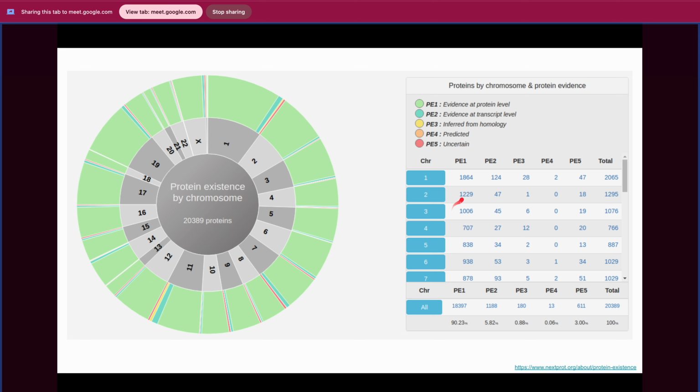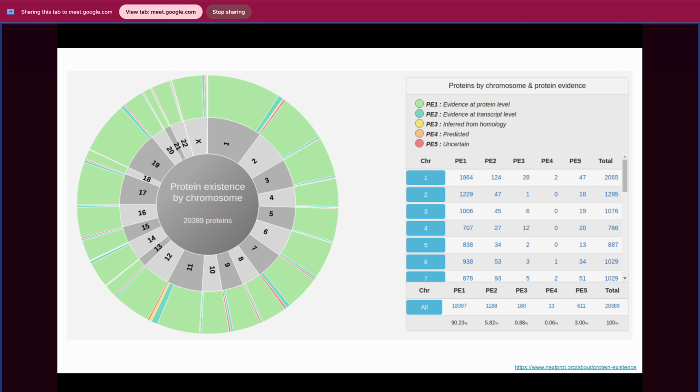Similarly, for each chromosome the evidence level information is given: how many peptides have been identified and how they are linked to proteins. We know that whenever a peptide spectrum is captured in mass spectrometry or any experiment and we have to map it to the human proteome, we use databases which already contain the protein sequences.